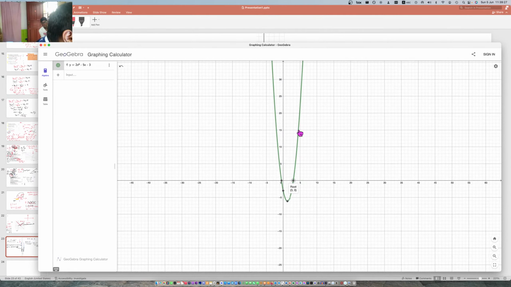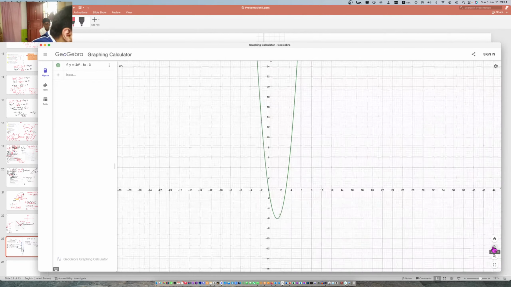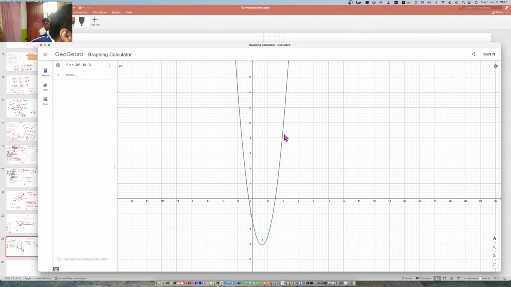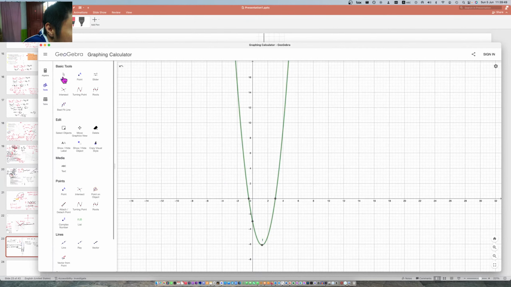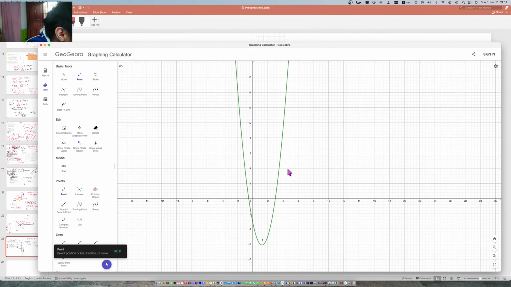Where's 4? Hey, this is not 4, sorry. 4 is here, so I zoom in, bring down. Yeah, 4 is here.